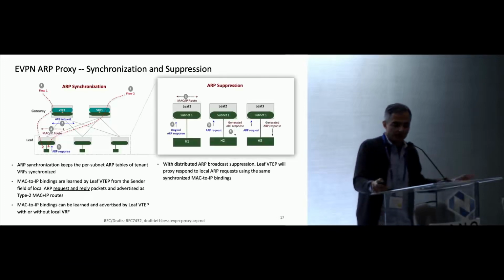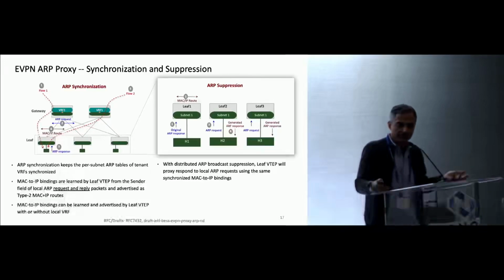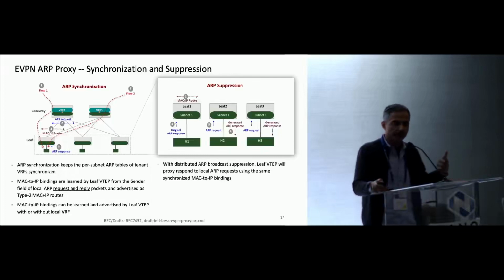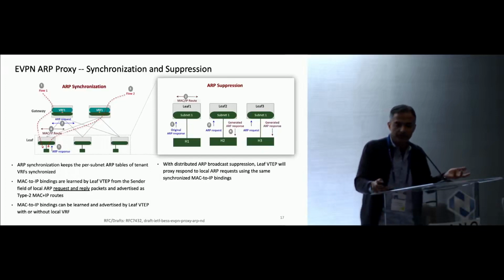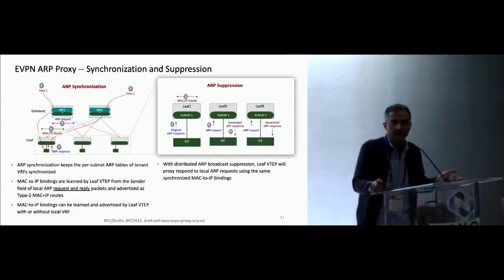Now, ARP suppression uses basically the same machinery, so that MAC plus IP information advertised in the MAC plus IP route is also, like I said, stored in the MAC plus IP binding table for a particular broadcast domain.